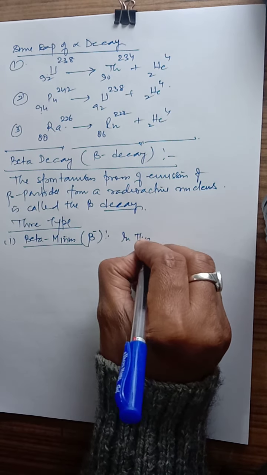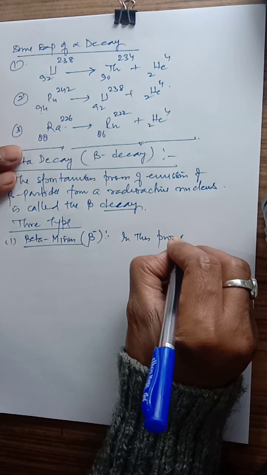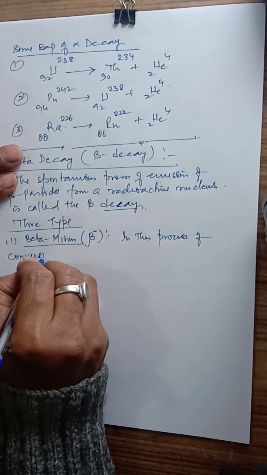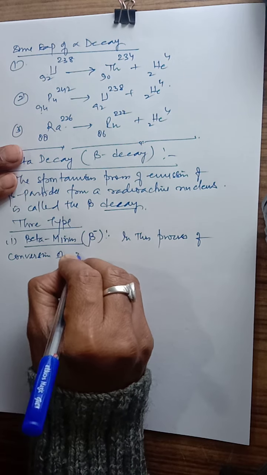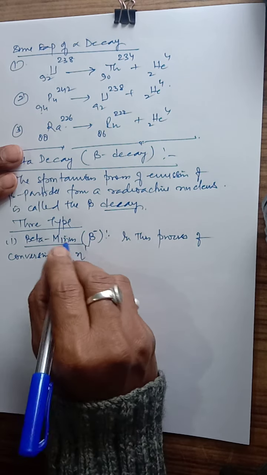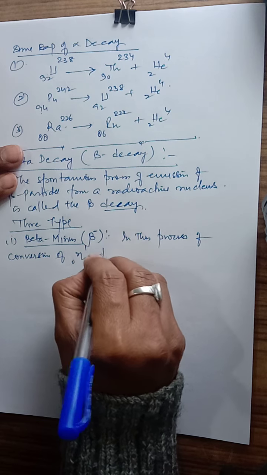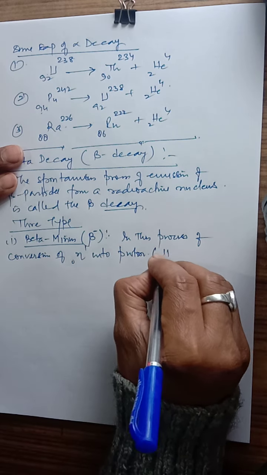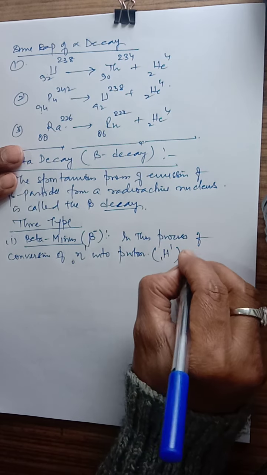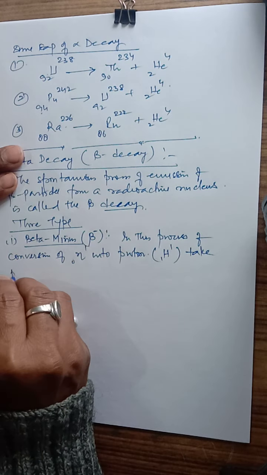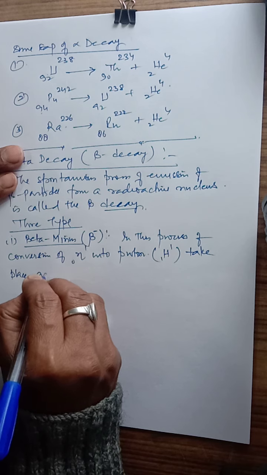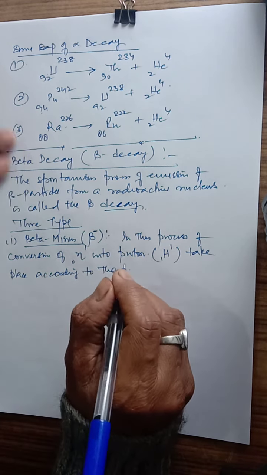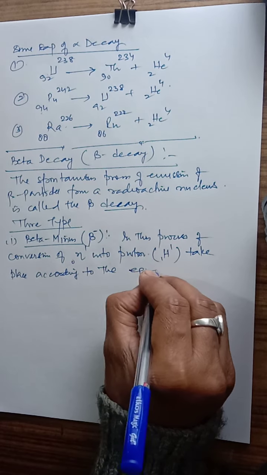So what is that? In beta minus, the process of conversion of a neutron into a proton takes place according to the following equation.